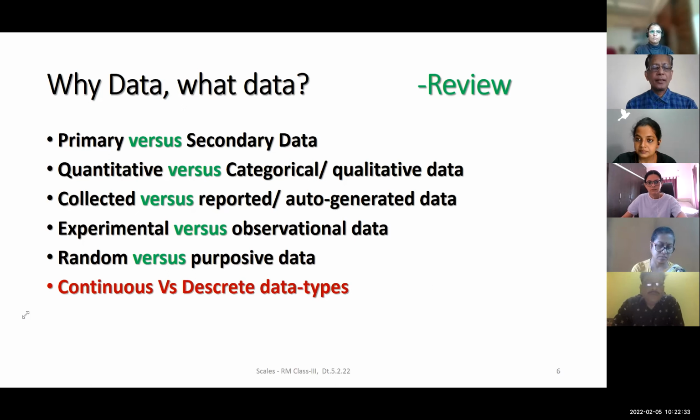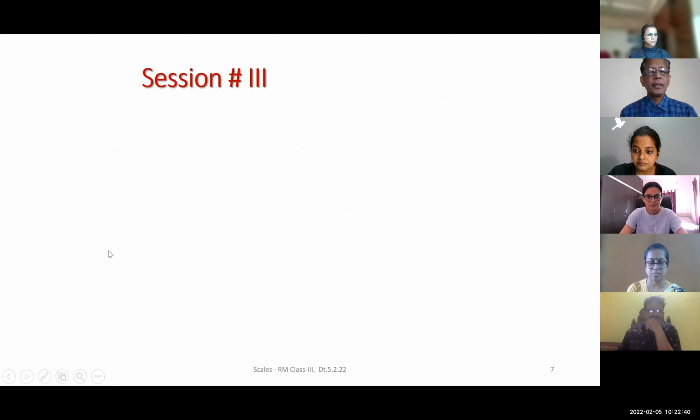Can we move? Okay, so today is again on the same continuation of scales for measurement, and we'll be trying to give examples. Here we'll be discussing two good articles, and the purpose I'll be discussing later.